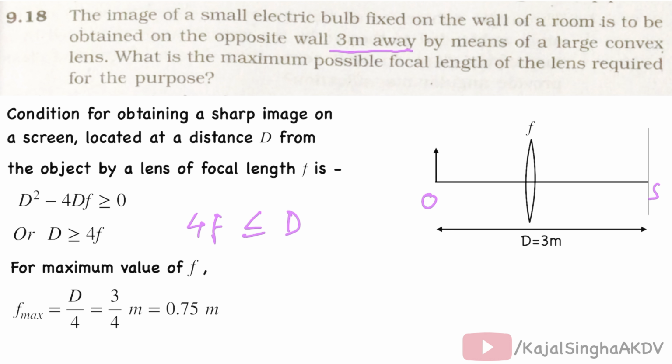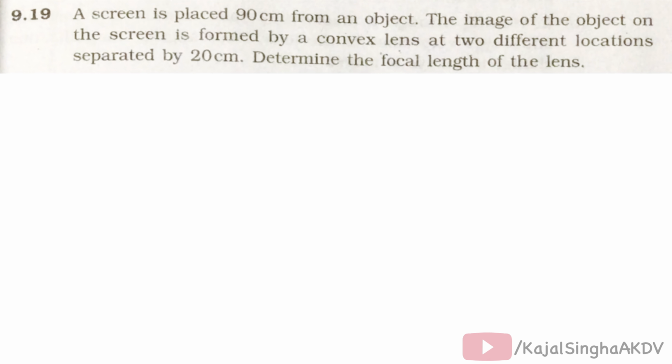A screen is placed 90 centimeter from an object. The image of the object on the screen is formed by a convex lens at two different locations separated by 20 centimeter. Determine the focal length of the lens.